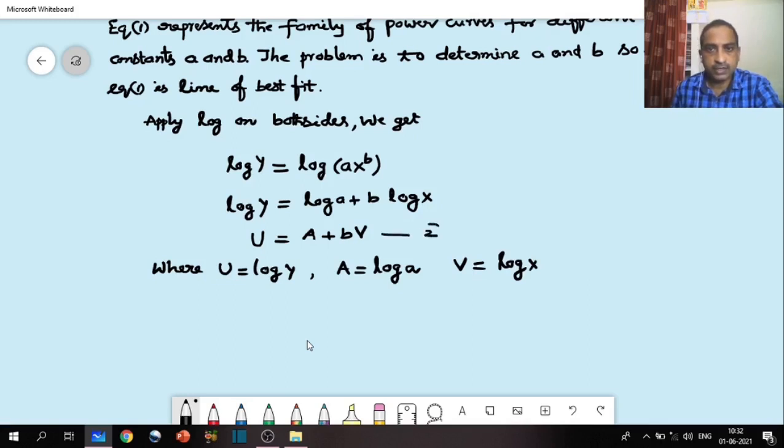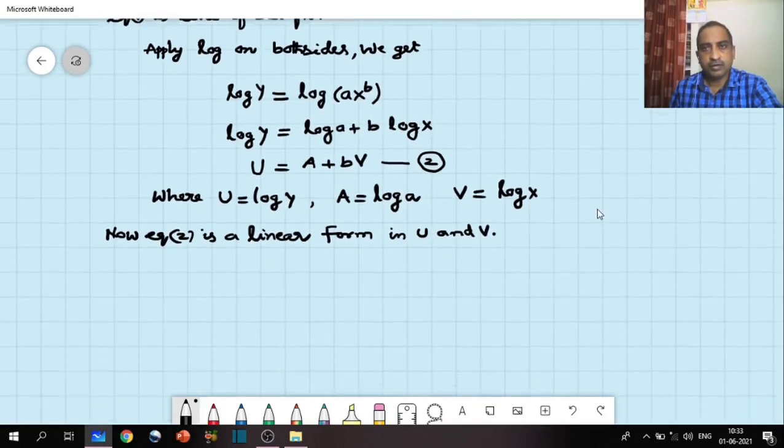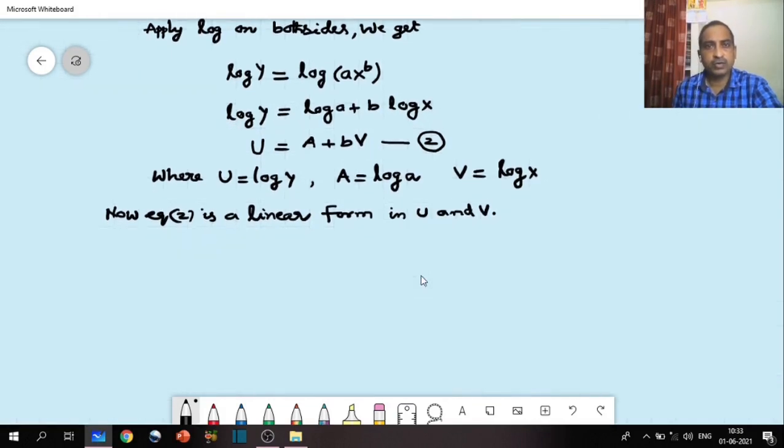This is equation 2. Now you observe that equation 2 is a linear form in u and v. So now, as usual, you apply the method of least squares to obtain A and b.